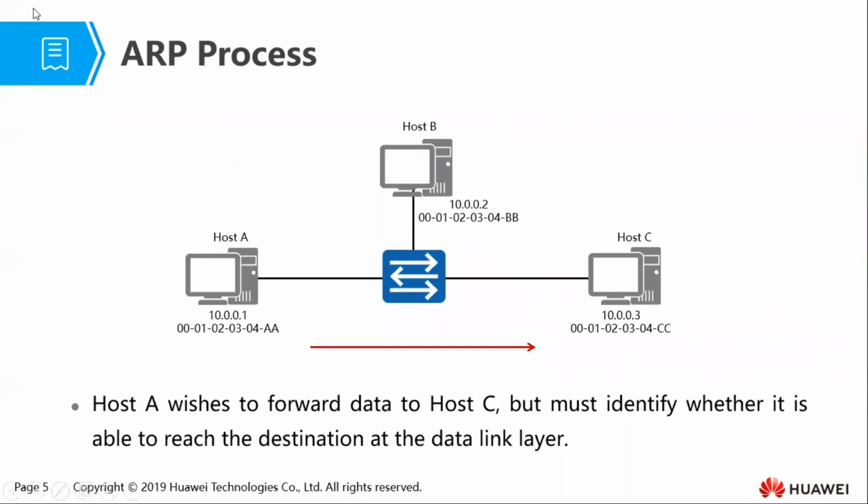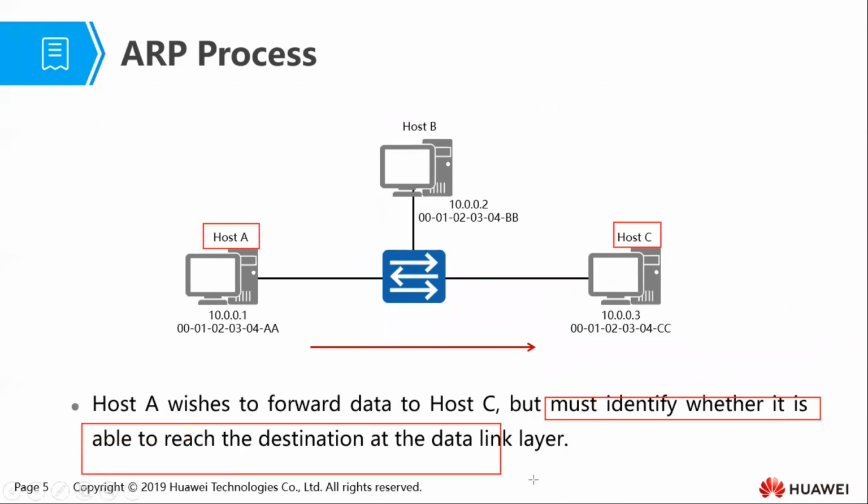So how does the ARP process happen? If host A needs to communicate to host C, it must identify whether it is able to reach the destination at the data link layer.